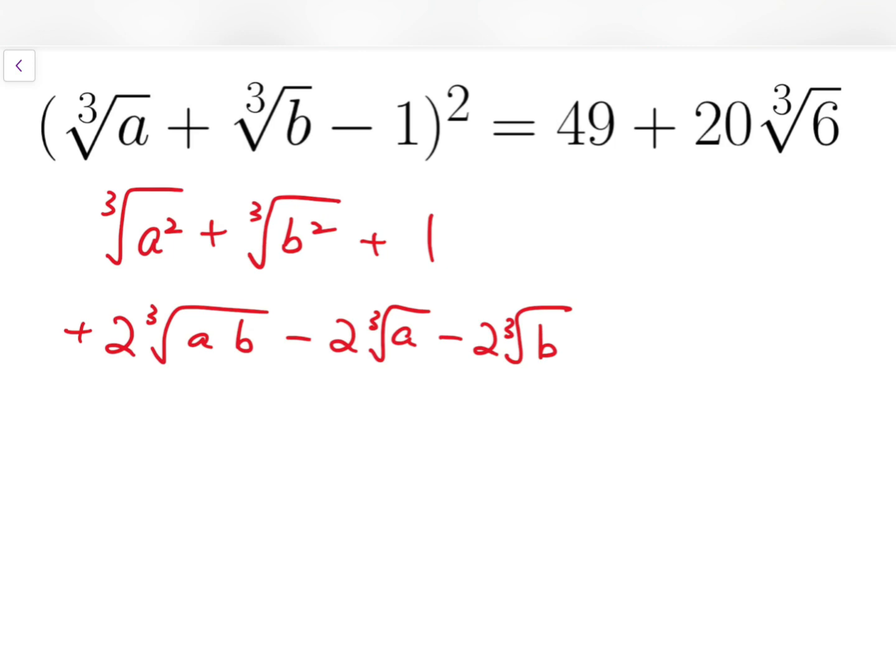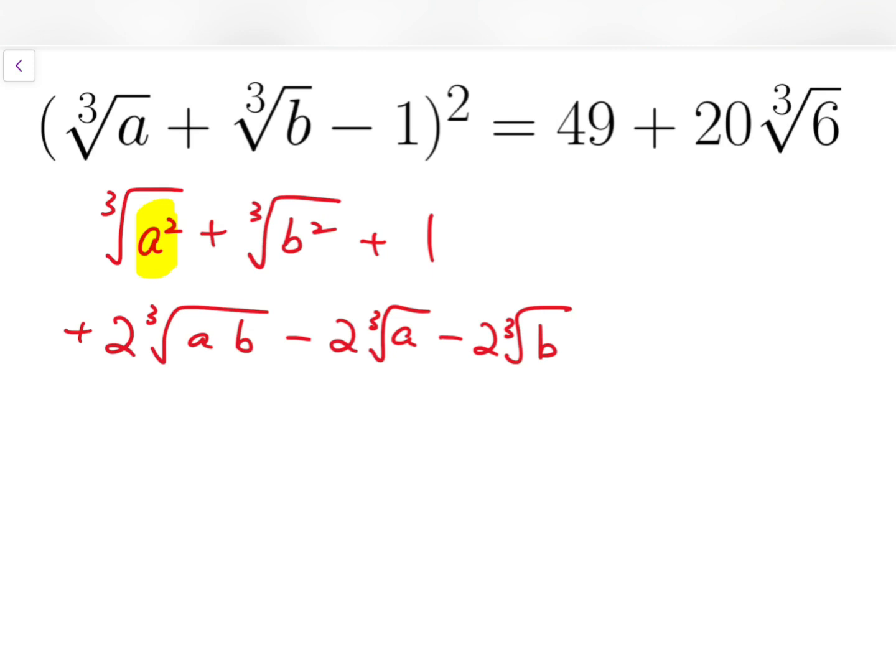So you can imagine that some of the terms have to be related to 6. I mean the numbers inside the cube root radical sign. And some of the numbers have to be integers, so that after adding 1, the sum altogether is 49. So it's natural to try, for example, what happens if I pick one of the numbers to be a. For example, let a equal 6.